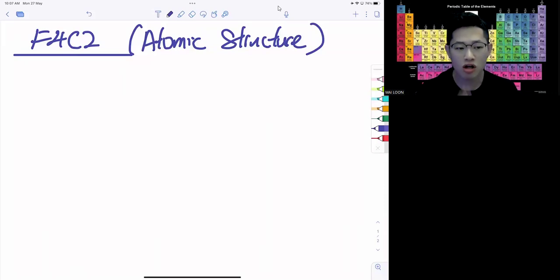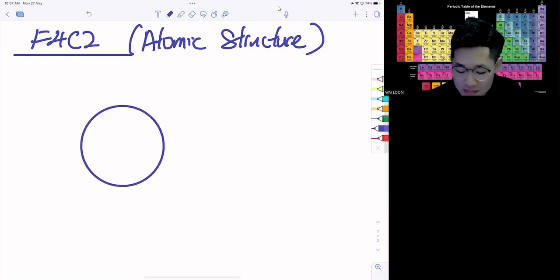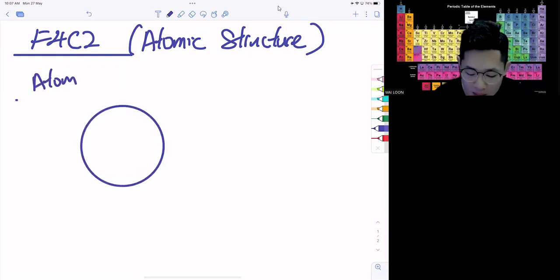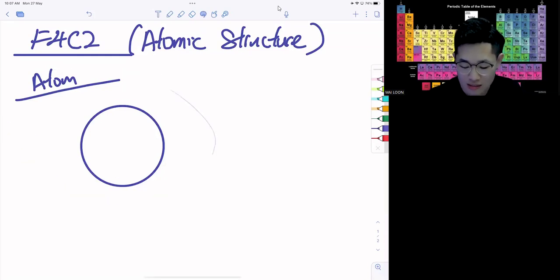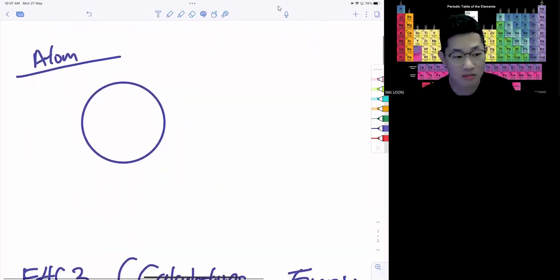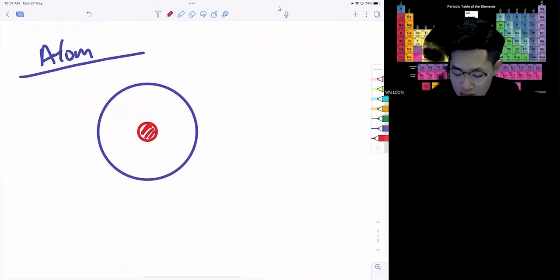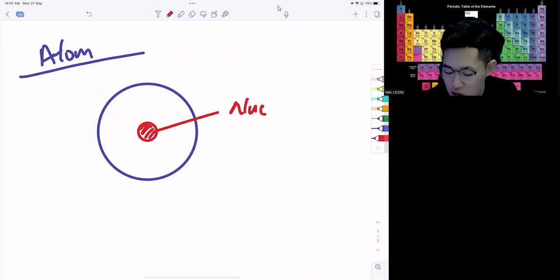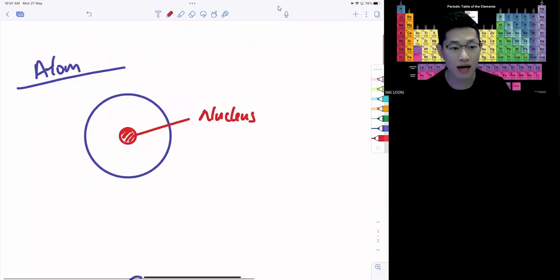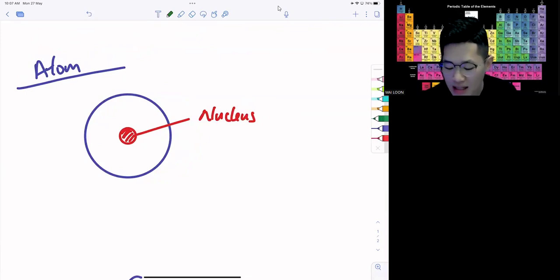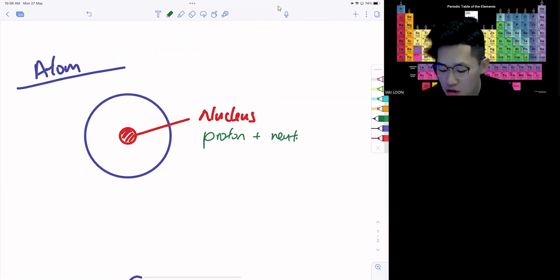Since we talk about atomic structure, you have to know that an atom looks like this. In the atom, we always have something called the nucleus. In the nucleus, we can always find proton and neutron.